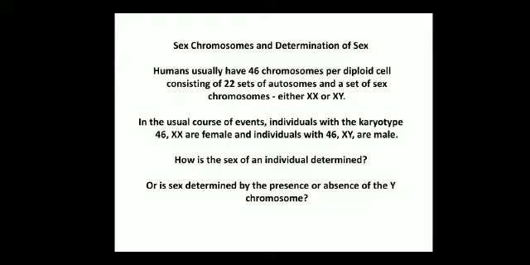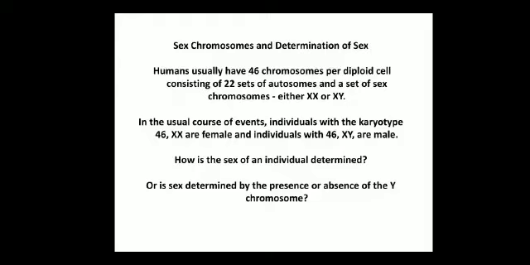We all know that humans have 46 chromosomes, out of which 22 pairs of autosomes and then 2 sex chromosomes.